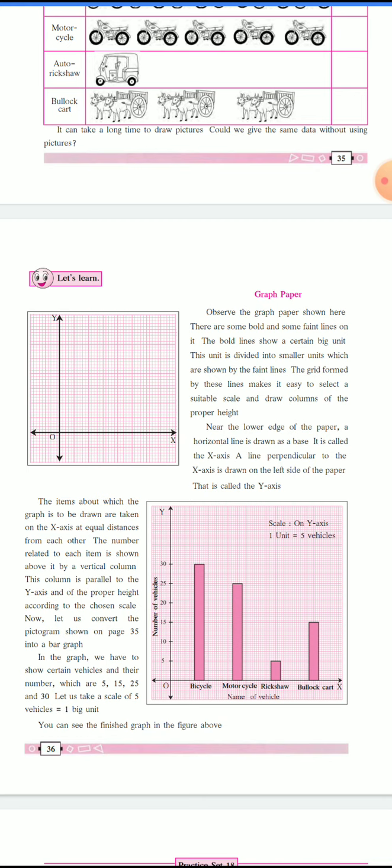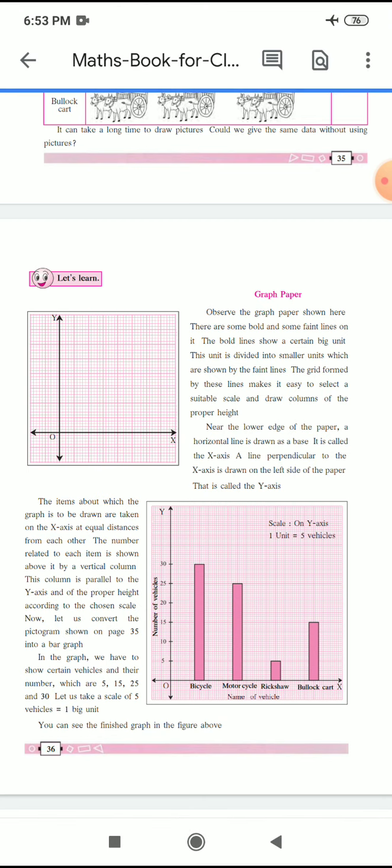The point at which these two axes meet is called the origin, right? And that's why it is denoted with the letter O, right?